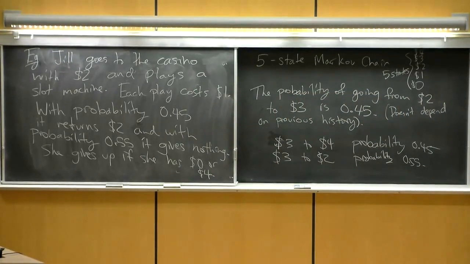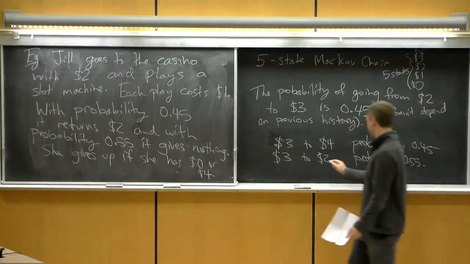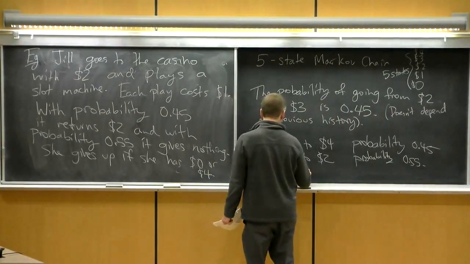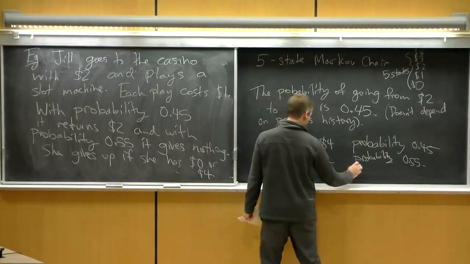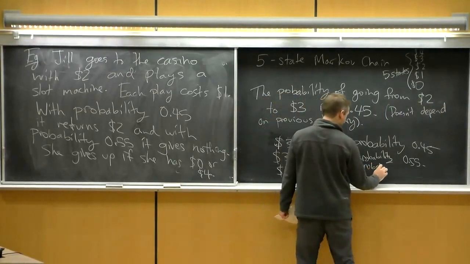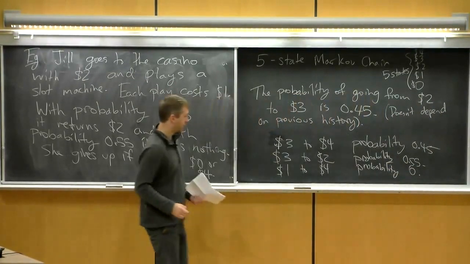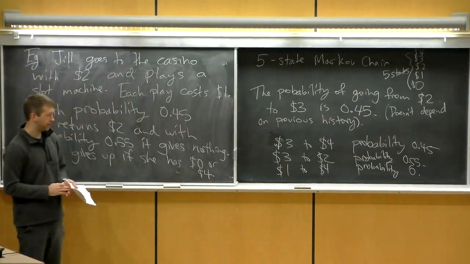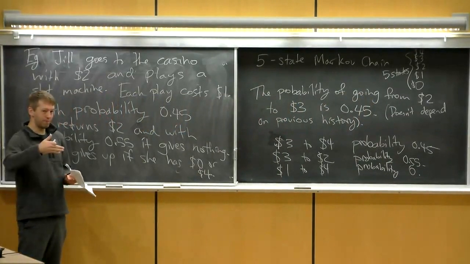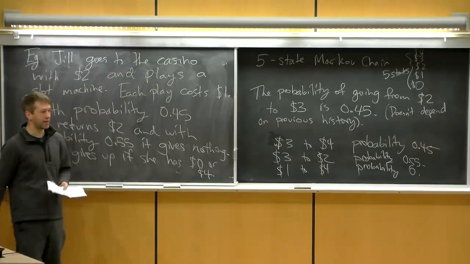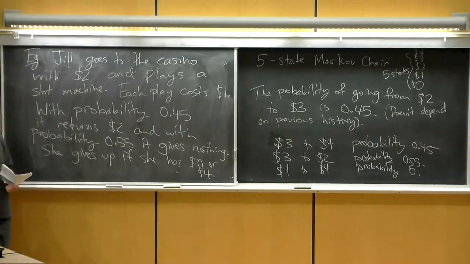And then there's a bunch of other events that also have probabilities, because, for example, going from $1 to $4 can't happen, right? So $1 to $4 has probability 0, because you're only going to go up or down by $1 every time. Any questions about this so far?